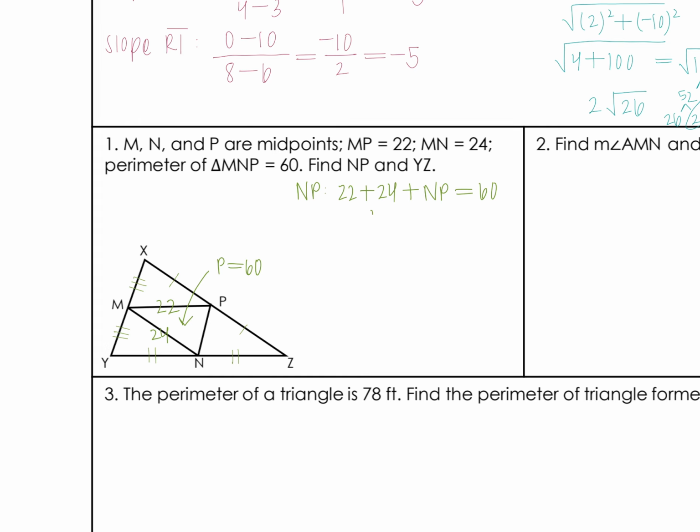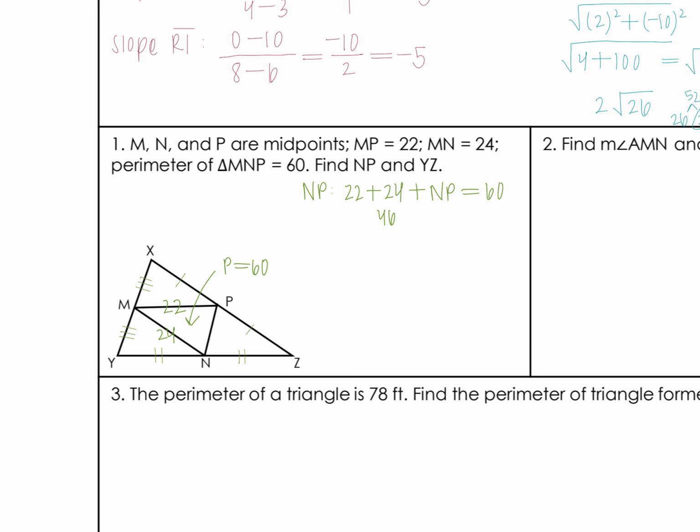So here I'm going to get 46 plus NP equals 60. Therefore, when I subtract, I'll get that NP is going to be 14. Okay, so that's one part of what I was asked for.